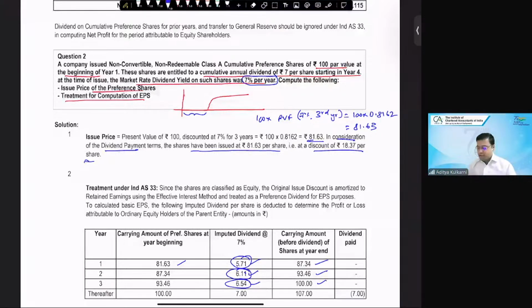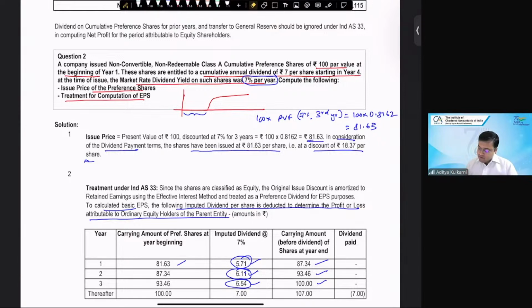So this is regarded as your imputed dividend, which you are required to deduct at the time of calculating the EPS. Are you able to follow? To calculate basic EPS, the imputed dividend is deducted to determine the net profit attributable to ordinary equity holders.